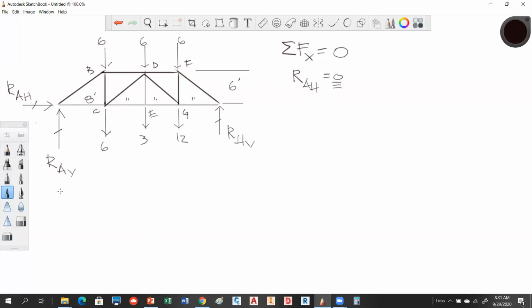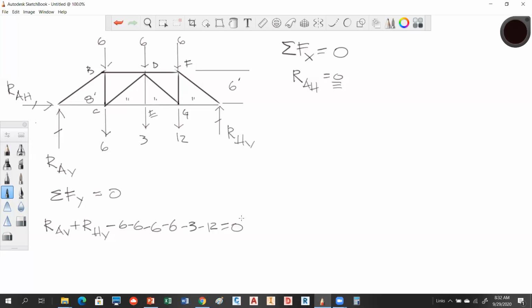So we're going to now do a sum of forces in Y, okay? So in Y we have RAV plus RHV minus 6, minus 6, minus 6. That takes care of the top. And then we have minus 6, minus 3, minus 12. And all of that should be 0. Did everybody agree with that?